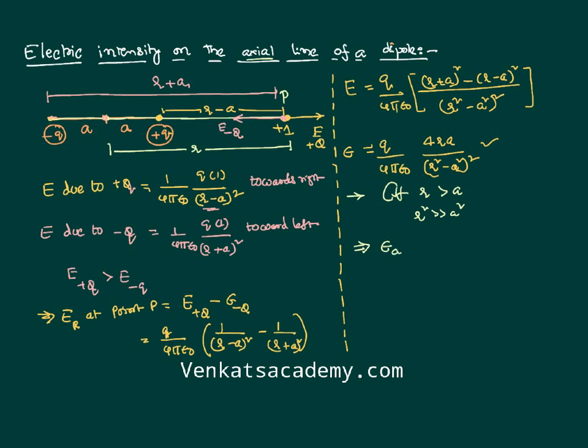So the electric field intensity on the axial line becomes, approximately because I am ignoring something, 1 by 4 pi epsilon naught, Q is there, 4RA is there, and I ignore the A square, so it is R square whole square, which is R power 4. One R can be cancelled, giving 1 by 4 pi epsilon naught times Q into 4A by R cube. This is the answer I wanted to derive.